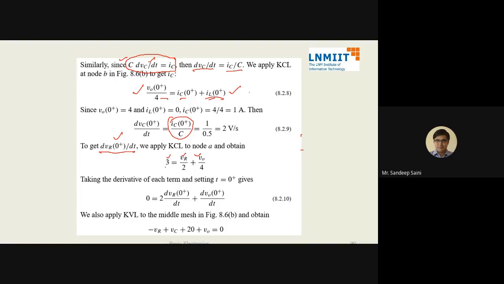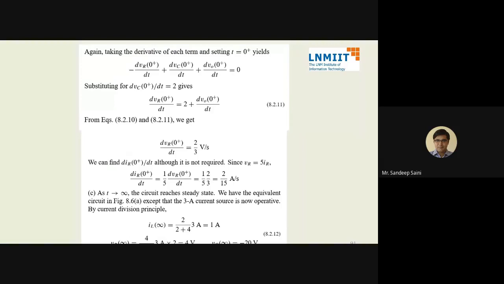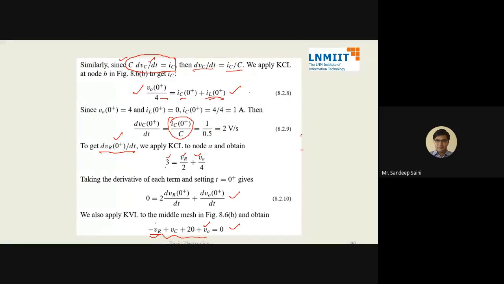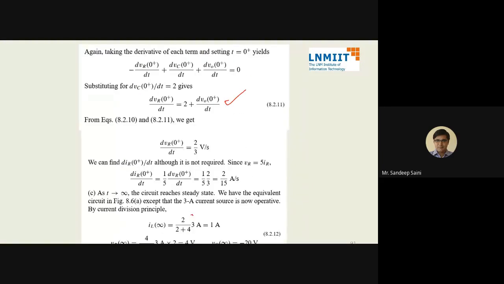You put those numbers and you get one equation. Apply KVL in the middle mesh. We already did that. Our target is to get dVO by dt. I get one more equation. So one equation in dVR and dVO, and a second equation. Solve them, you get dVR by dt.